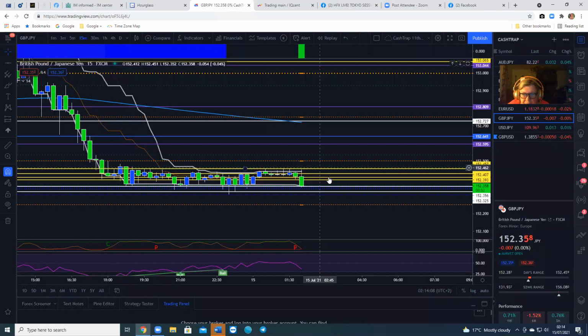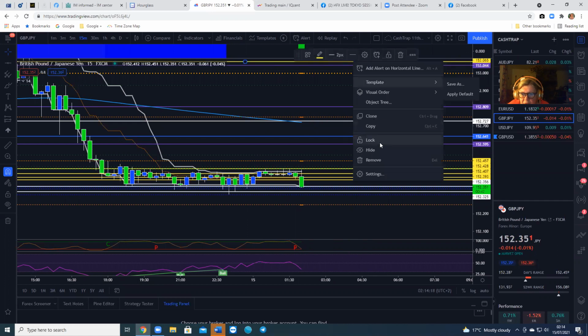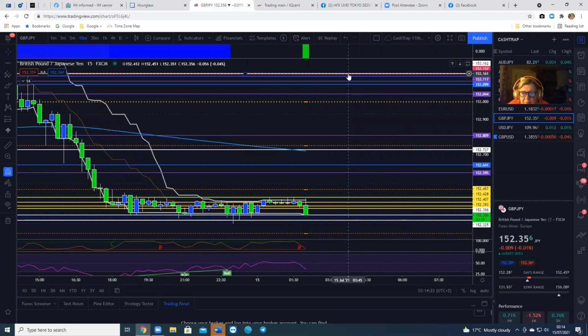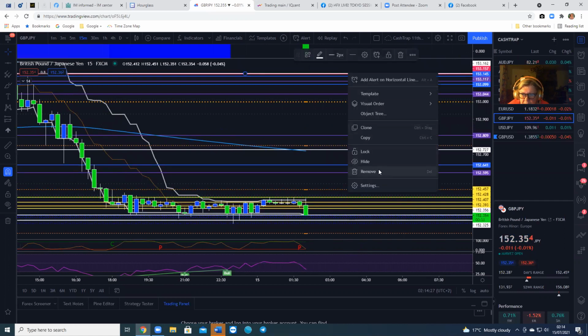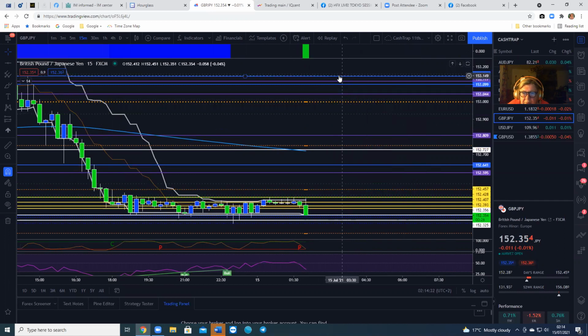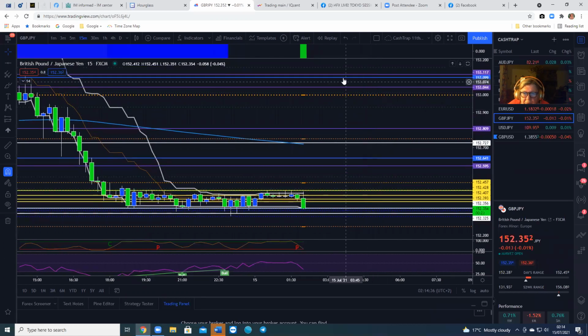Let's look on here. I just started to mark this up. I've done the daily and the hourly, so I'm just doing the 15-minute. Just get rid of some of these old lines. The 15-minute I like to do in purple. Previous candle.